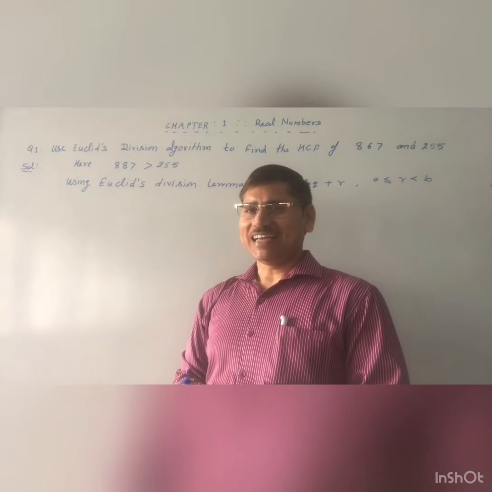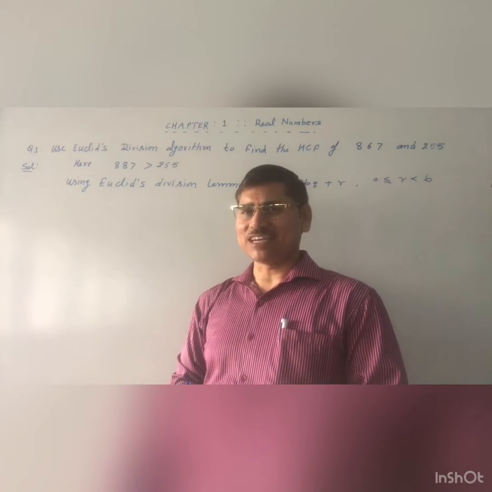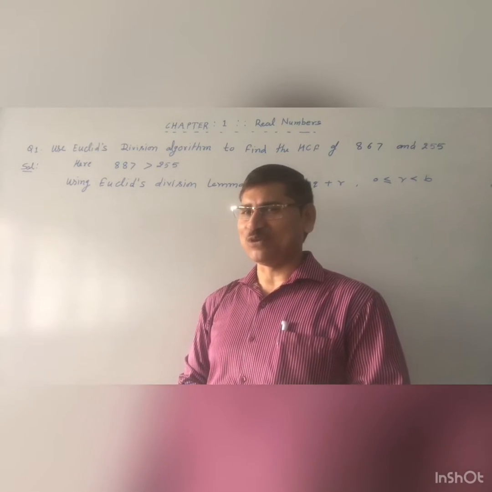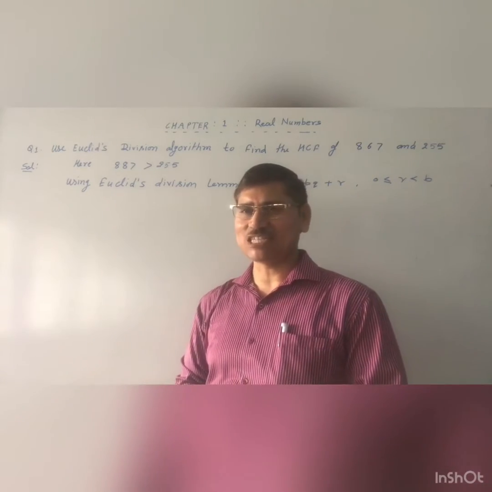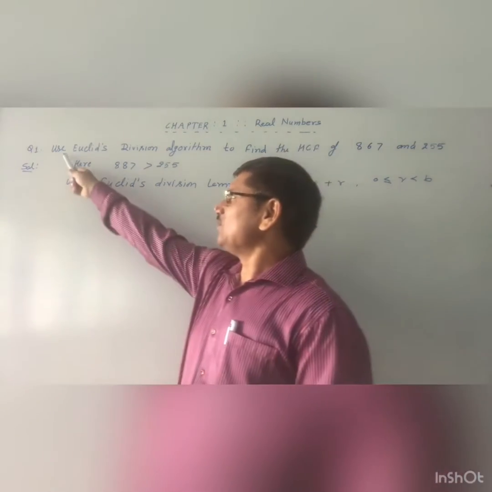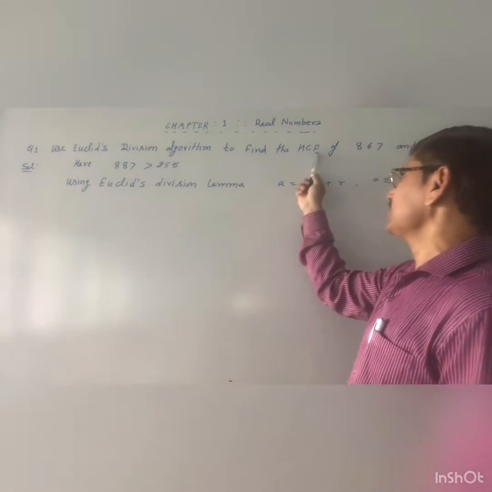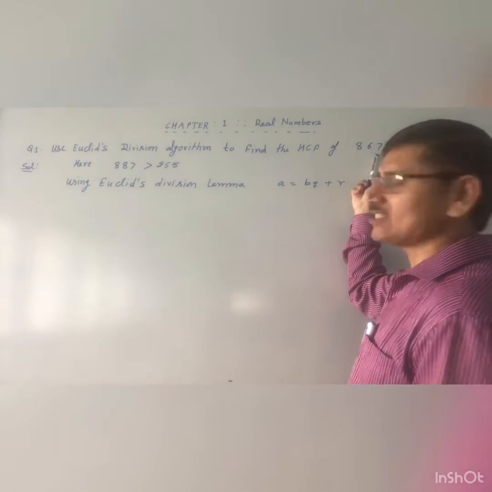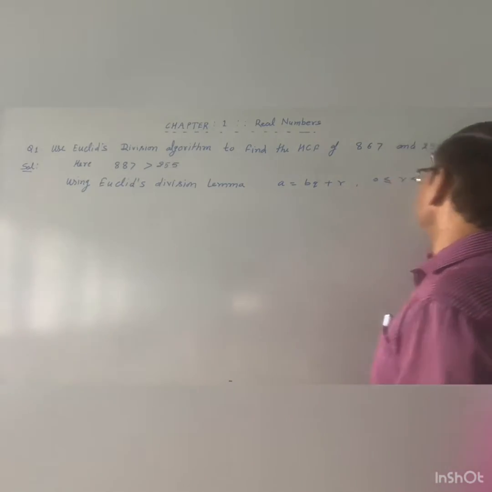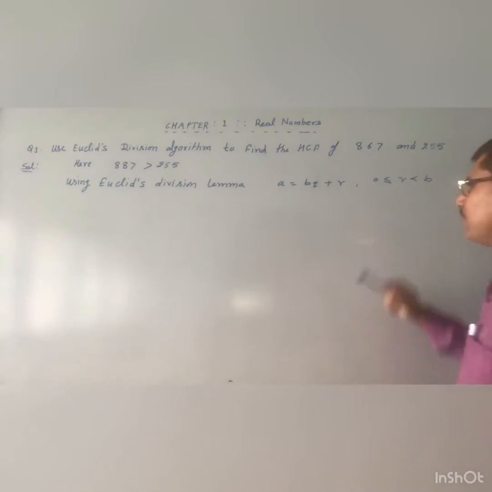तो दोस्तों, आइए स्टार्ट करते हैं इस चैप्टर की मोस्ट इंपॉर्टेंट क्वेश्चन फॉर बोर्ड एग्जामिनेशन। सो हियर इज फर्स्ट क्वेश्चन। Use Euclid division algorithm to find the HCF of 867 and 255.